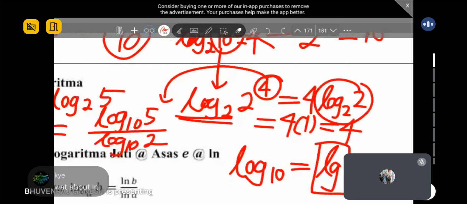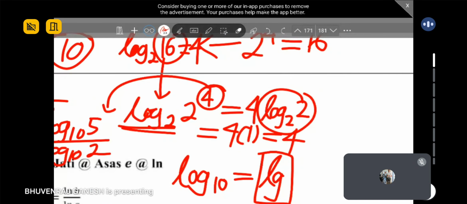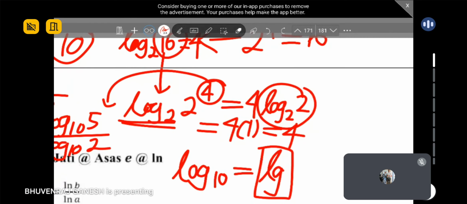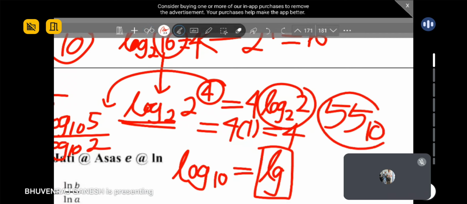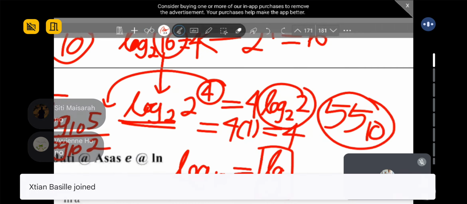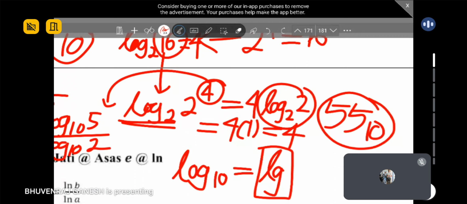Macam asas nombor kamu saja. So guys, kalau asas tu asas 10, adakah kamu tulis 10 ke bawah? Yes or no? If your number is in base 10, for example, 55, just a random number, do I need to write 55 base 10, guys, when I do my maths? Bila buat matematik biasa? Tak. Am I right? Yes. Sama untuk log. Log asas 10 macam asas nombor kamu, asas 10. Same concept.